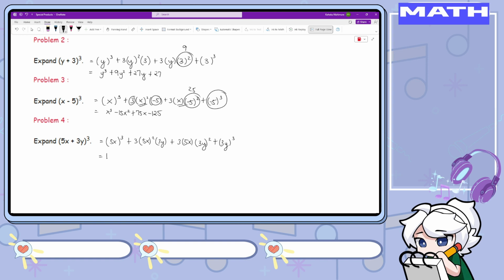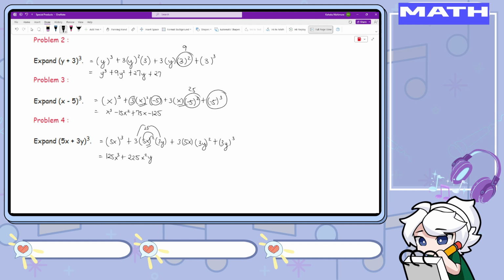5 cubed is 125, and then x cubed. And then 5 squared is 25. 25 times 3 is 75. 75 times 3 is, if I remember correctly, equal to 225. I will correct this in a future note if I get this wrong. So 225 x squared y, because this one is squared, and then we need to multiply y.